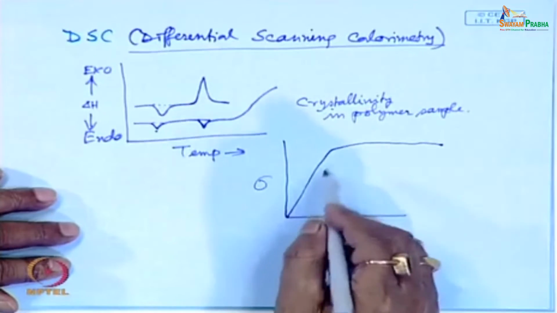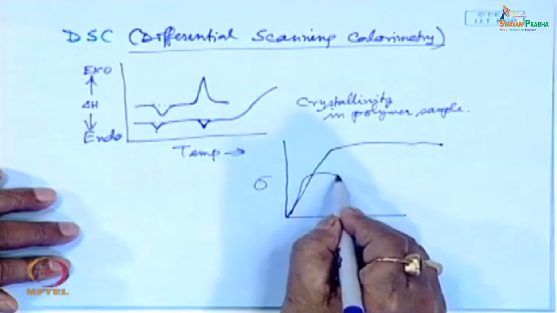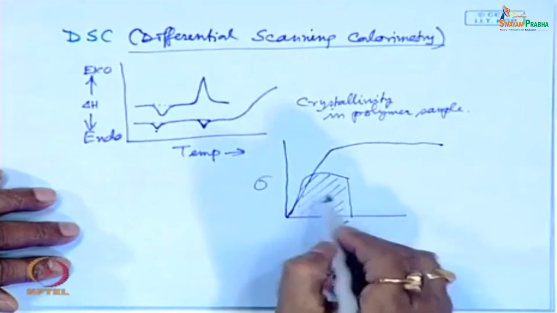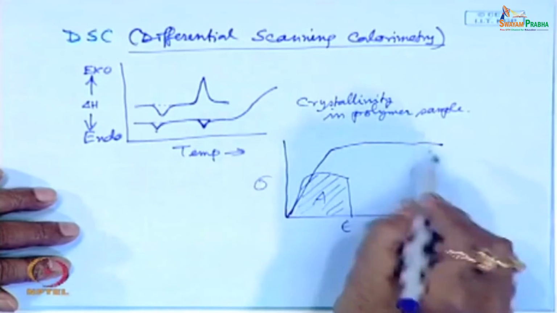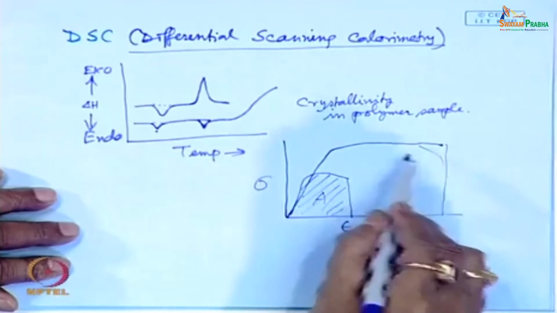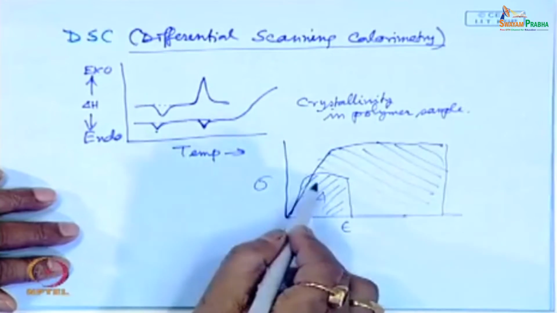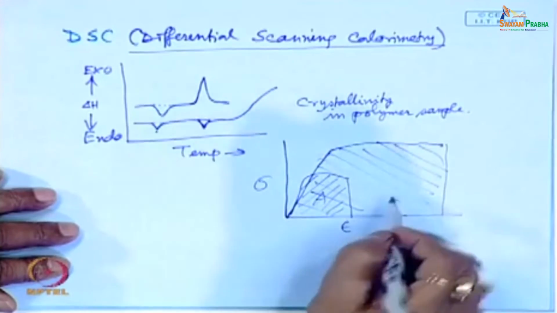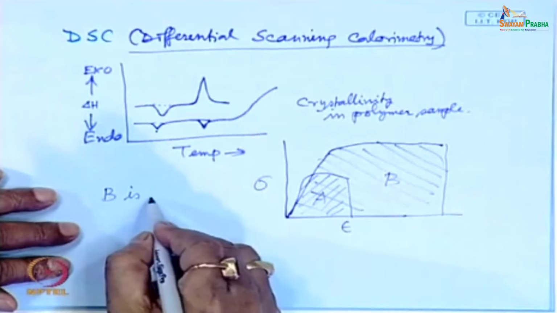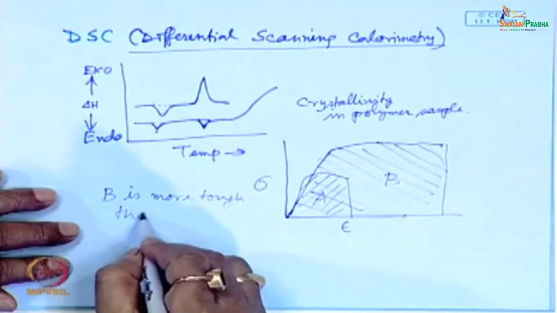So, if you compare this material with another material like this, say A and this is B. So, B is more tough than A.